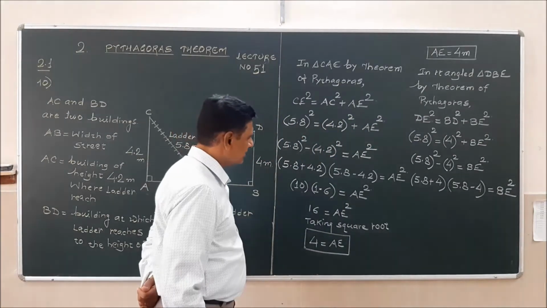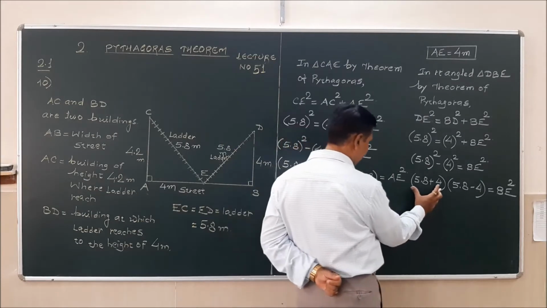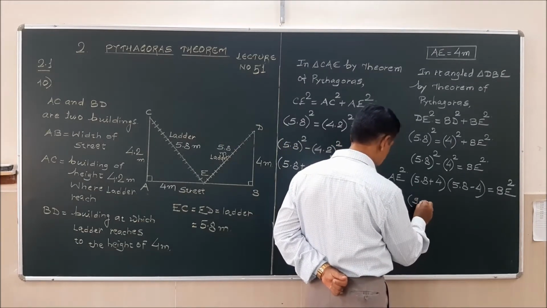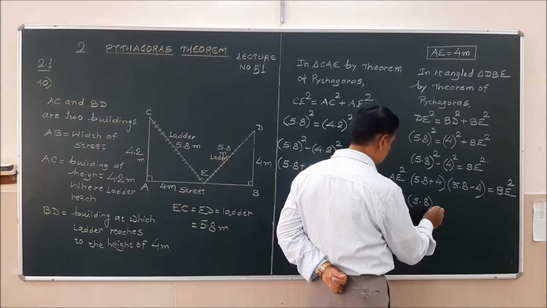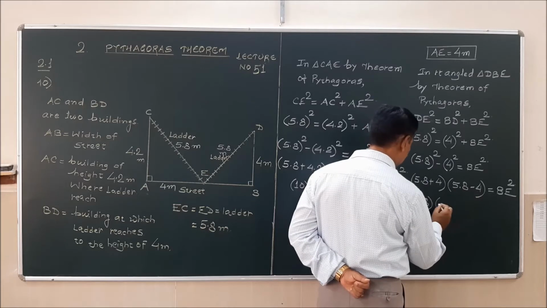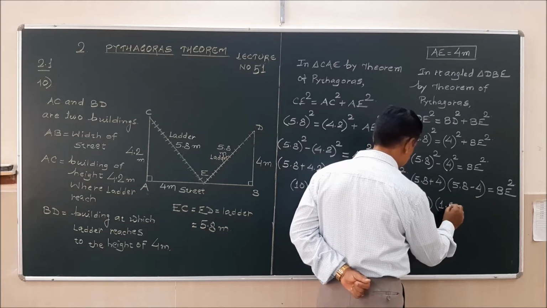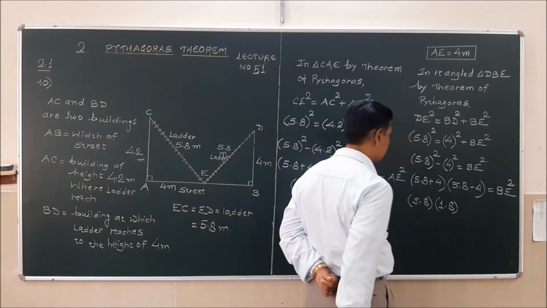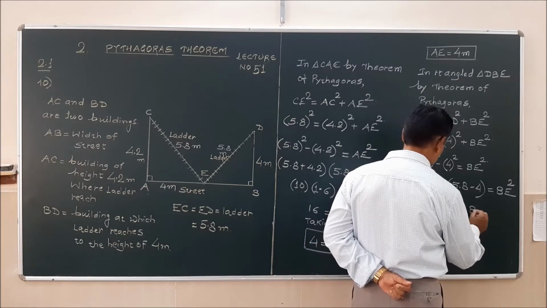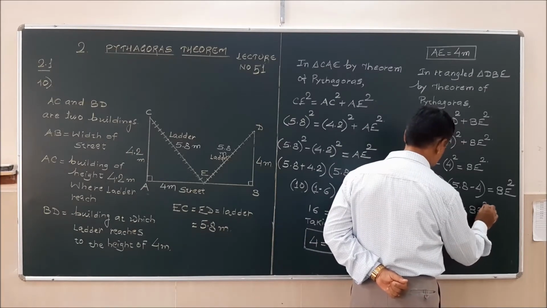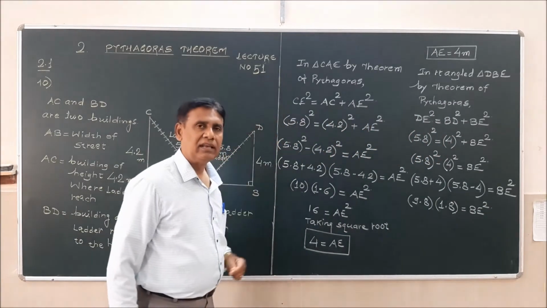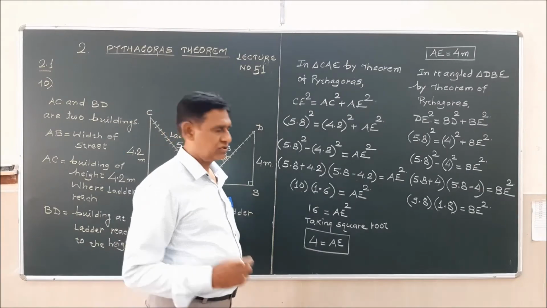Now you will get 5.8 plus 4 is 9.8, into 5.8 minus 4 is 1.8, is equal to BE square. Next step is very, very important here, students.